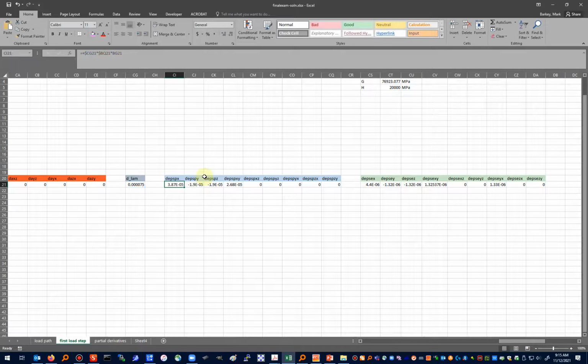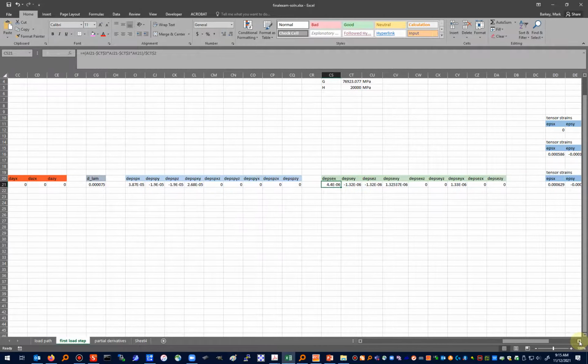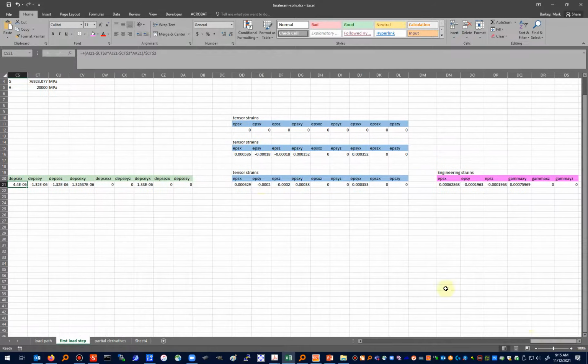So that's what each one of those are. And this is based on Hooke's law now for the elastic strain increment. And if I want the total strain increment, and I've made a note here that these are tensor strains at this point, I take the elastic and plastic increments and I add them to my previous value of my strain, which was based on Hooke's law, which is here.